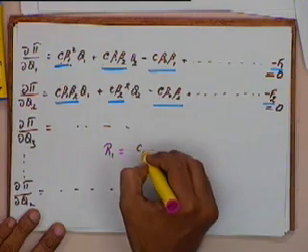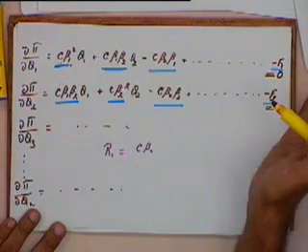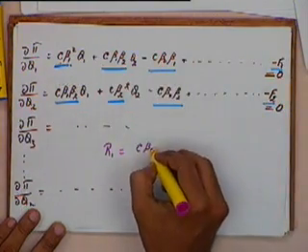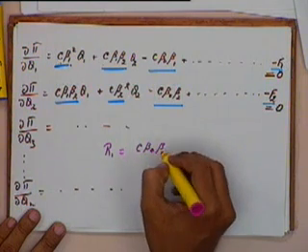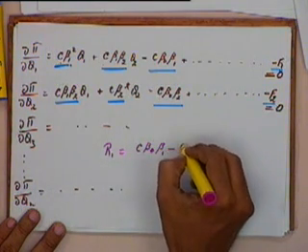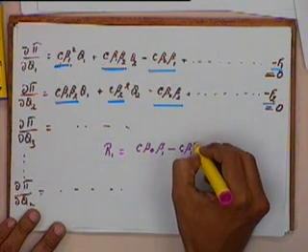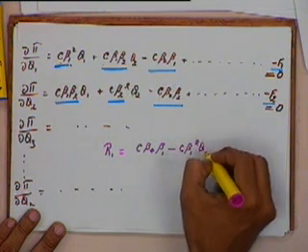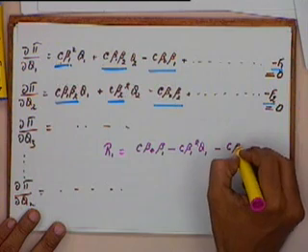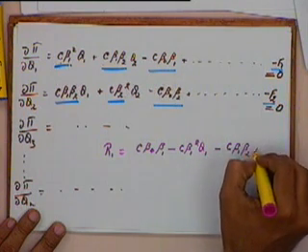I will have to take this to the right hand side, so C times beta naught beta 1 minus C times beta 1 squared times Q1 minus C times beta 1 beta 2 times Q2.